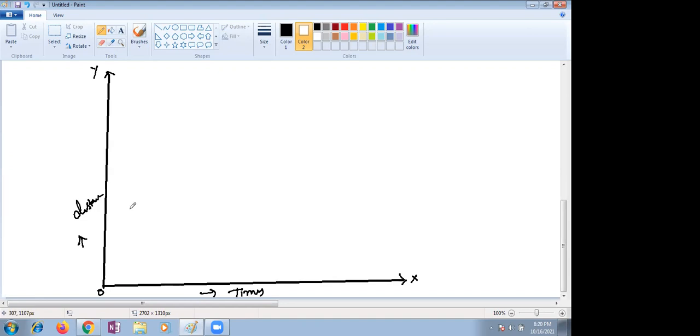Ma'am, can we take the scale as 60? Yes, you just mark the scale. You are taking 60 directly. Very good.